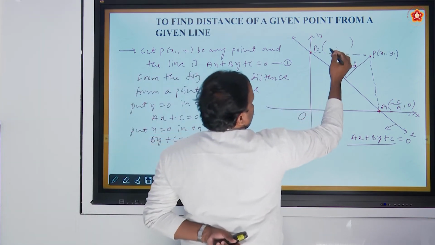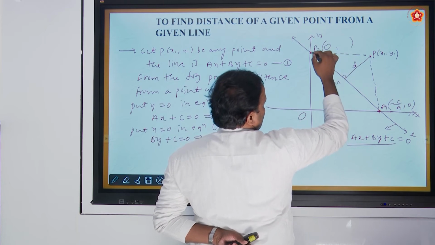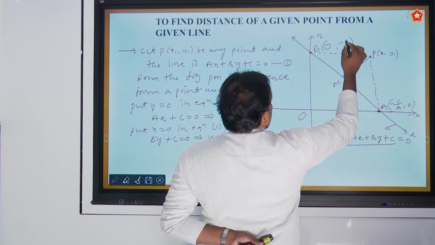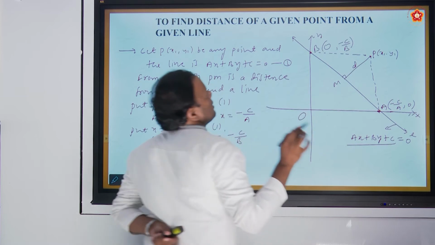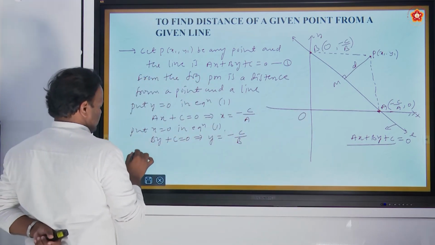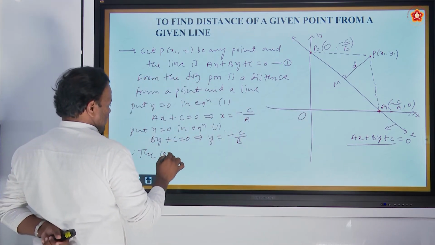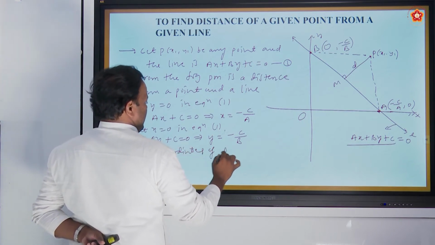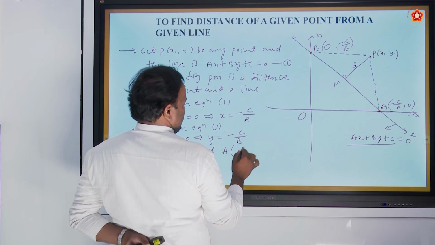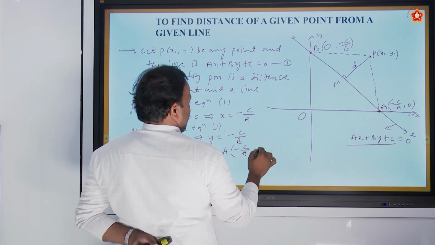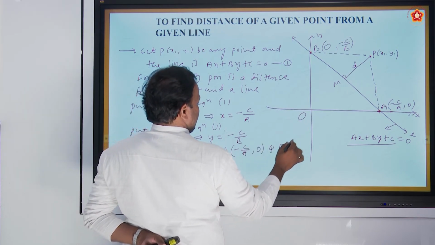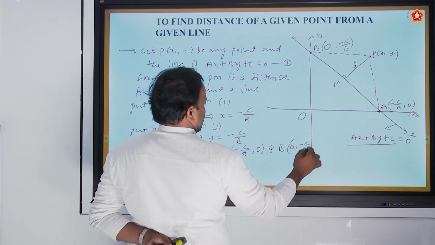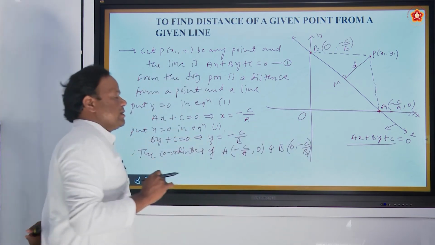Here x is 0 because the point lies on the y-axis. Therefore, the coordinates of A are (minus c by a, 0) and of B are (0, minus c by b). These are the coordinates of A and B.